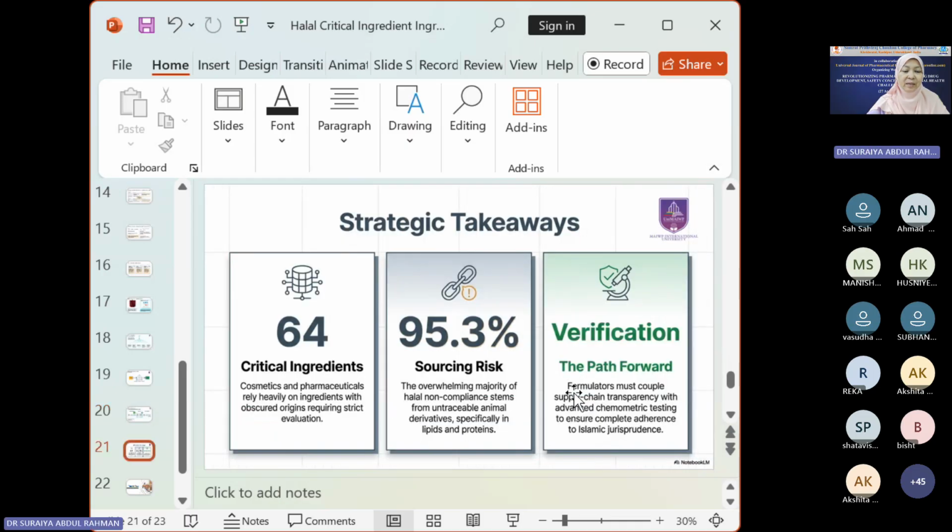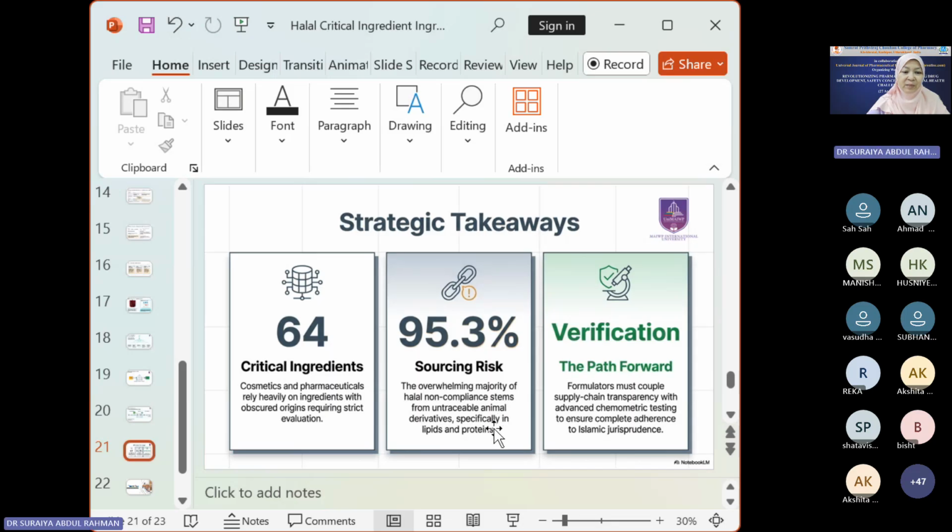So the key takeaways from this sharing. From the research, we identified 64 critical ingredients commonly used in cosmetics and pharmaceuticals, because they rely heavily on ingredients with unclear origins, which requires strict evaluation.